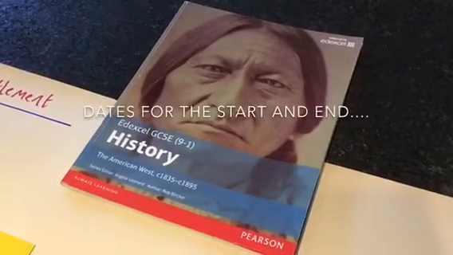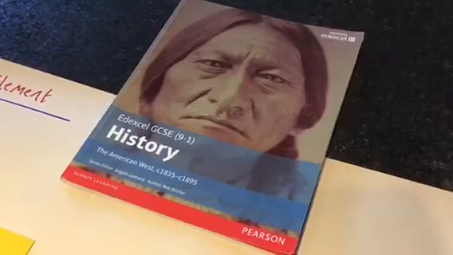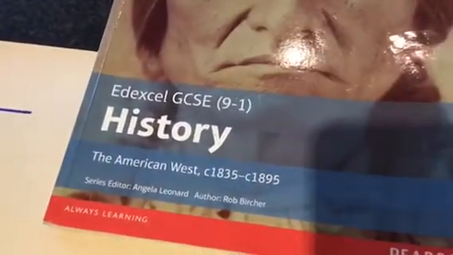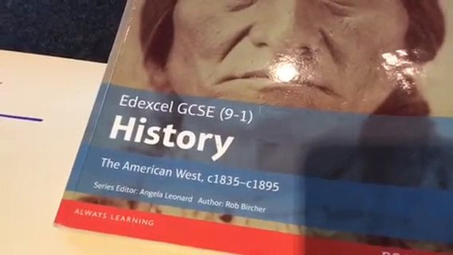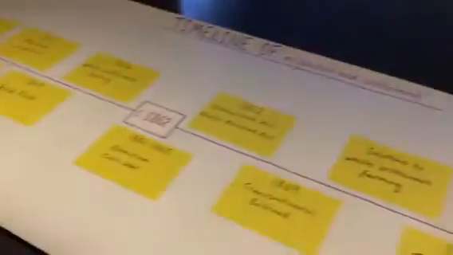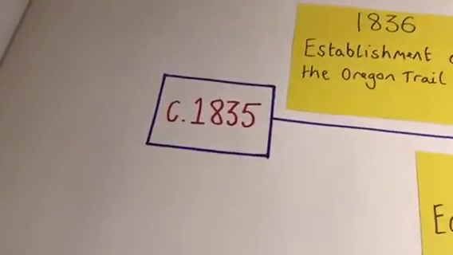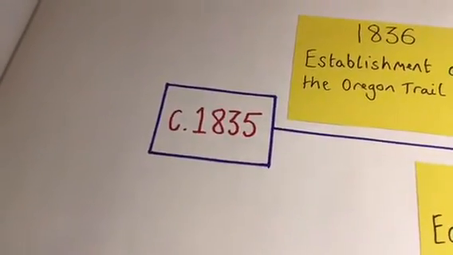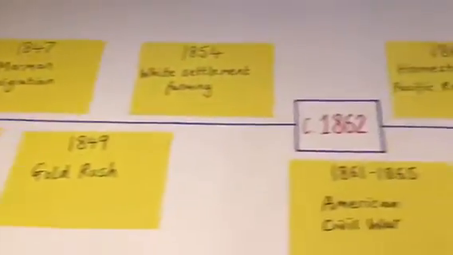Okay, so this is the exam board textbook, and the 60 years that we deal with run from circa 1835 to circa 1895. The way that we do the timeline is we use that date at the start of every timeline. So we start the timeline circa 1835, and then we move through all the events on the first timeline.